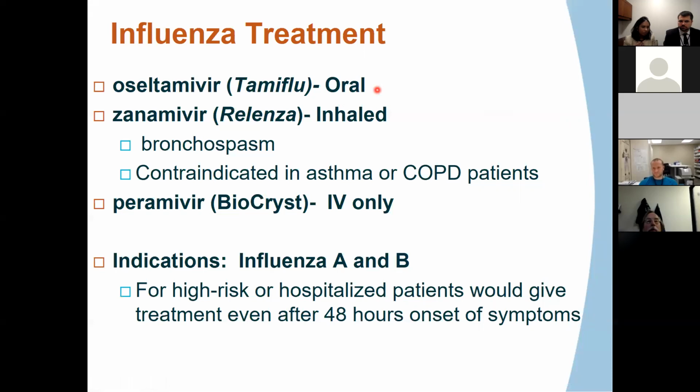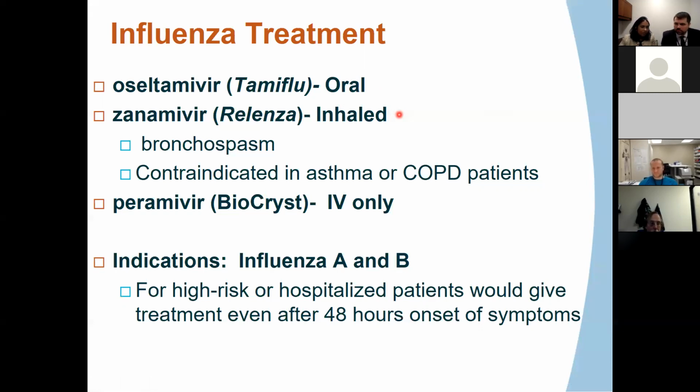It's given orally, but sometimes you get patients who are intubated, cannot take anything orally, or are throwing up, with lots of other things complicating matters. Zanamivir is an option as an inhaled version, but you cannot use it in patients who have lung issues such as COPD or asthma because it can cause bronchospasm.